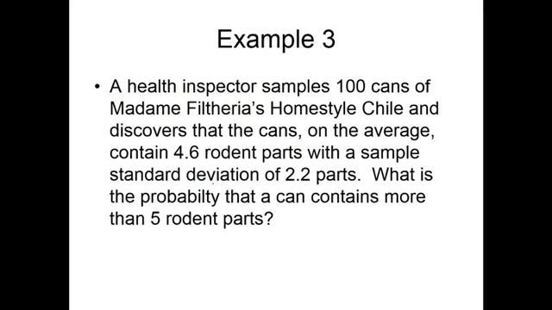Okay, so let's see. A health inspector samples 100 cans of Madame Filtheria's homestyle chili and discovers that the cans, on the average, contain 4.6 rodent parts with a sample standard deviation of 2.2 parts. What is the probability that a can contains more than 5 rodent parts?